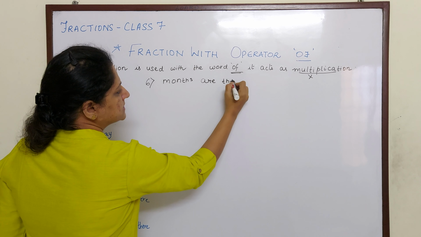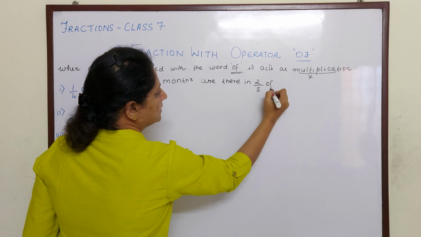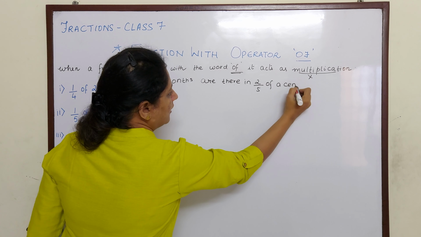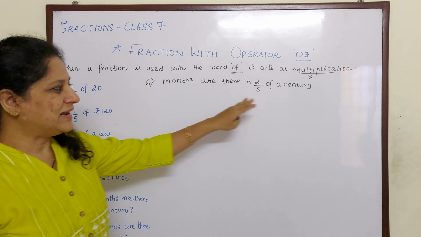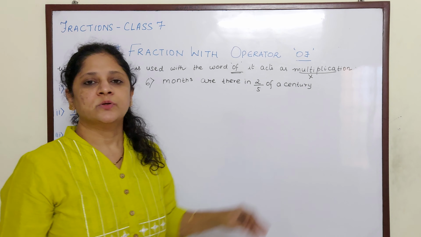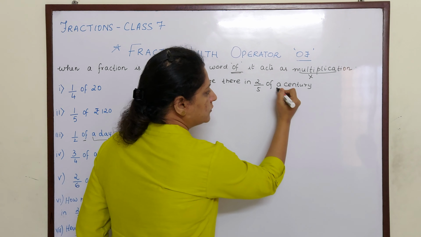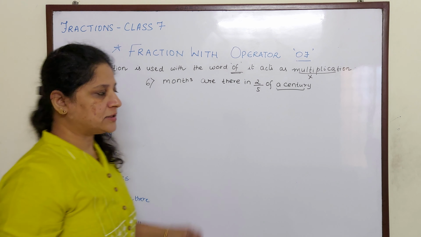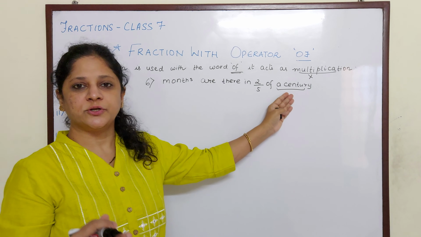So how many months are there in 2/5 of a century? Now if you see here children, these both are not like units. This is a month and this is a century. So when you are given questions like this, first you have to convert this into like units. Here it is months, so you should change the century into months.